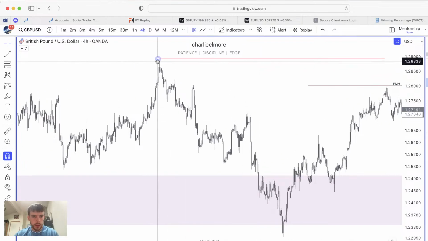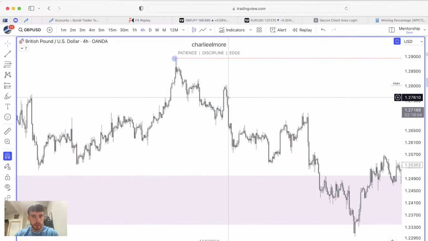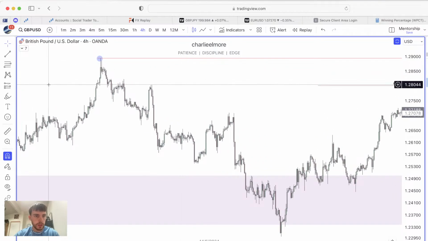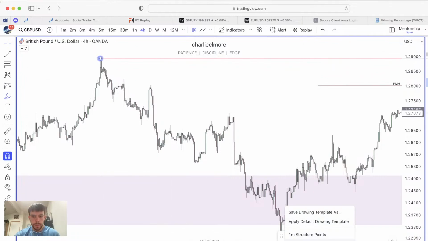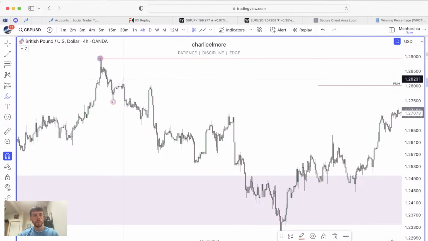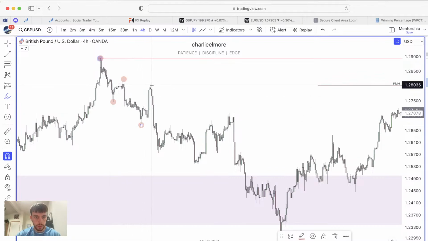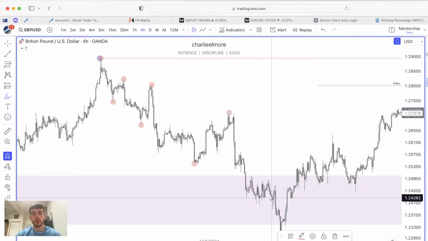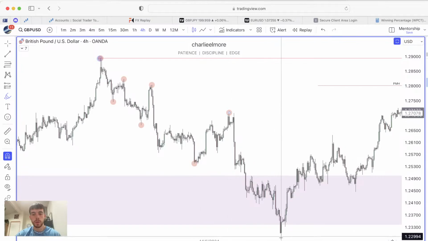The 4 hour structure is slightly different in respect of this, so let's just go through it. From the high on the 4 hour, again with the red dots: high, low, lower high, lower low, lower high, lower low, lower high, and lower low.